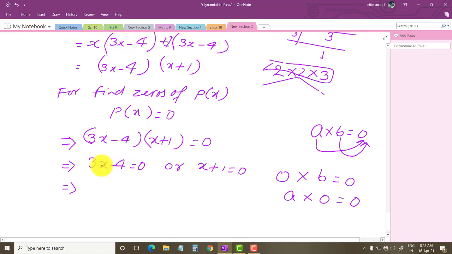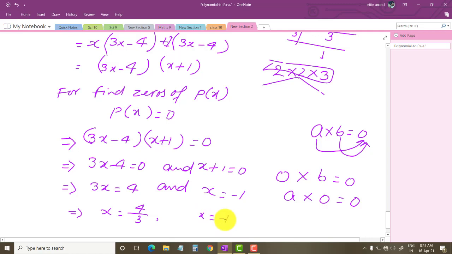If this term is 0, then 3x is equal to 4, and x plus 1 is 0 gives x is equal to minus 1. So this becomes x is equal to 4 by 3, and this will be x is equal to minus 1.